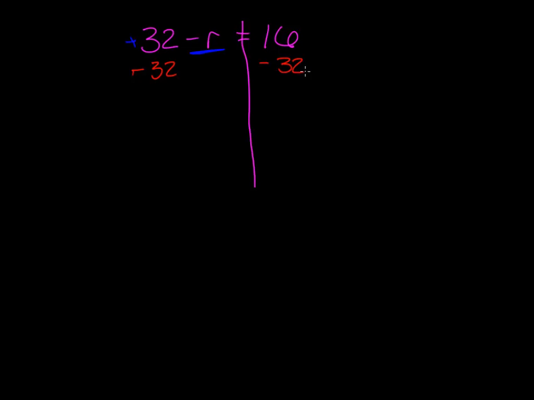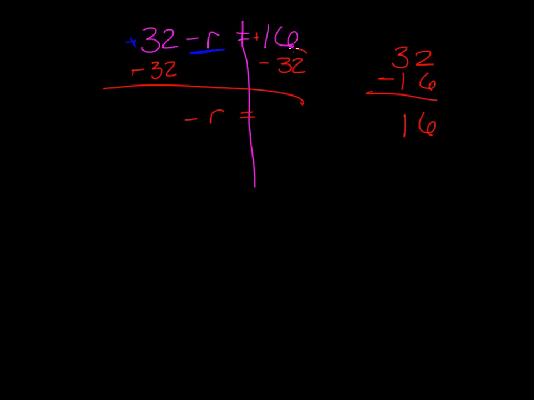It's going to leave us with a negative r equals, now we have a positive 16 and we have a negative 32. A simple way to look at it is to subtract the smallest number from the biggest. So you would have 32 minus 16. It's going to leave you 16. Now we're going to come back and we're going to look.